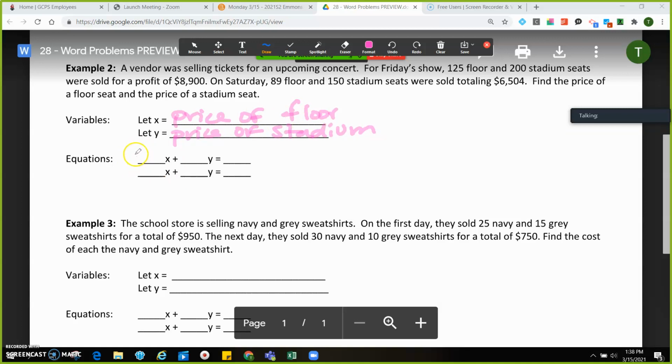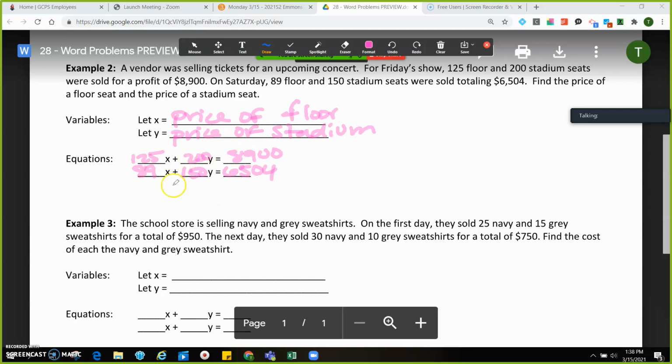So I've got 125 floor plus 200 stadium equals 8,900. On the next one, I've got 89 and 150 totaling 6,504. Okay.